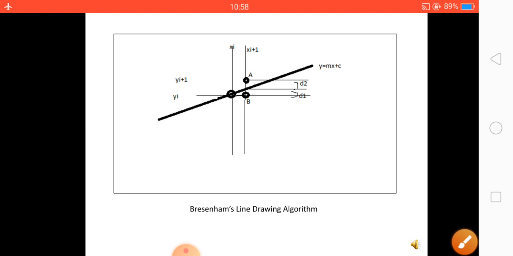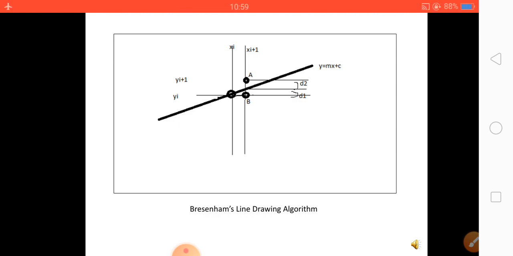Whichever the pixel is closer to the actual line path, whichever the distance is less than that of the other distance, that pixel is selected, and for that pixel we need to determine what is the y value, because we know the next x value will be addition of 1 in the current x value.